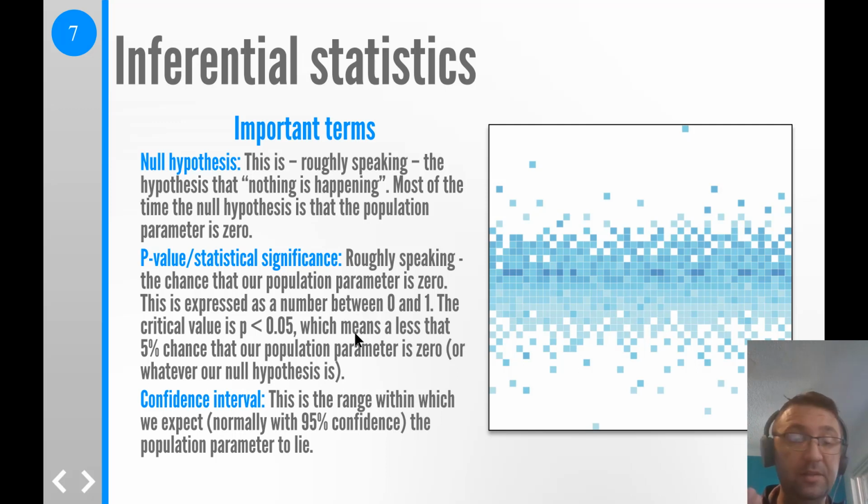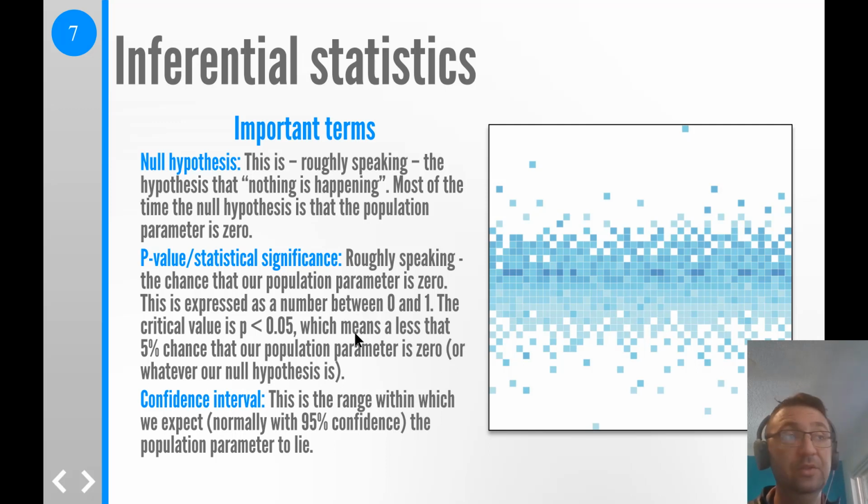Then we may find that the p-value is less than 0.05, but the confidence interval is between, say, 2 and 8. So that means we don't know exactly what the true value of the population parameter is.